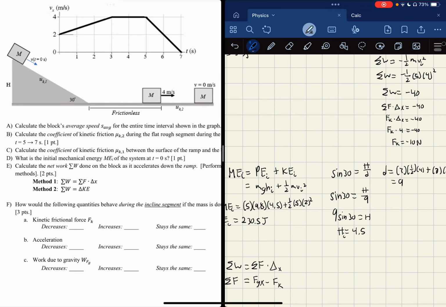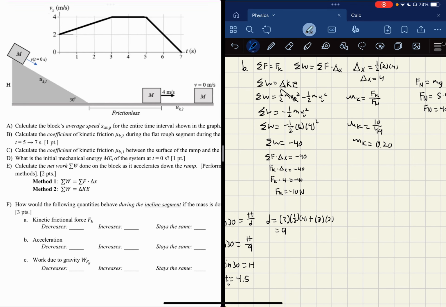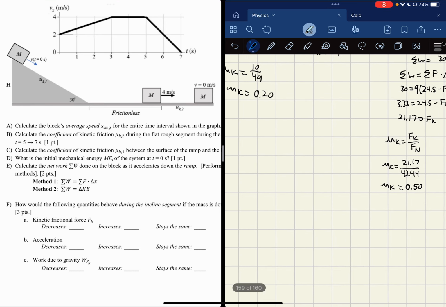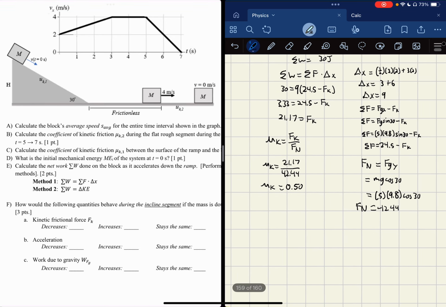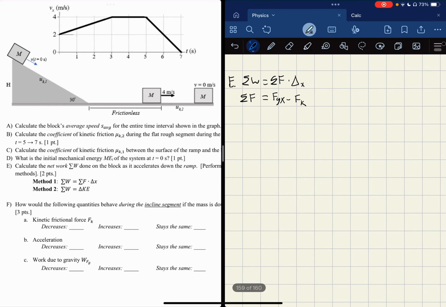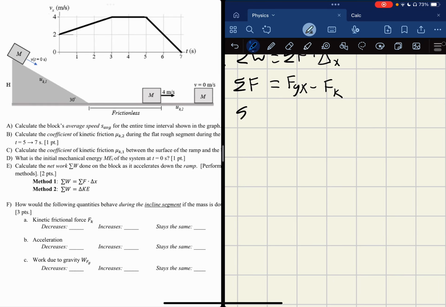Using what we found in a previous part, we know that Fgx is 24.5 and Fk is 21.17. So we know that net force is equal to 3.33.